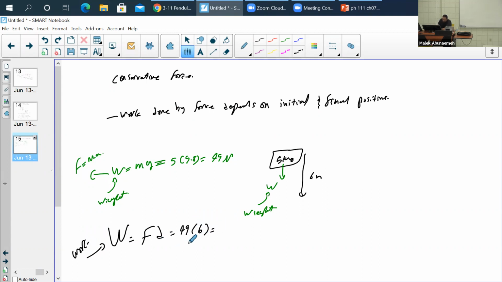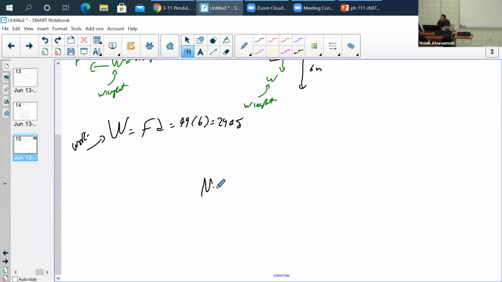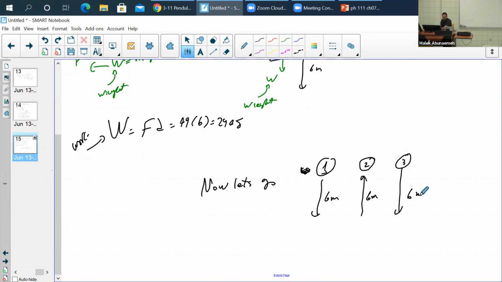So you should get 294 joules. On the first try, you're going to take the box down 6 meters. On the second one, you're going to take the box up by 6 meters. On the third one, you're going to take the box down by 6 meters. On the first one, your work is the one we just got, 294 joules.